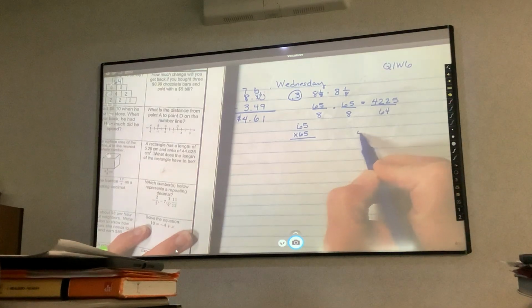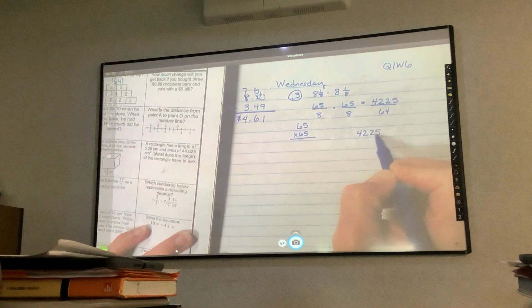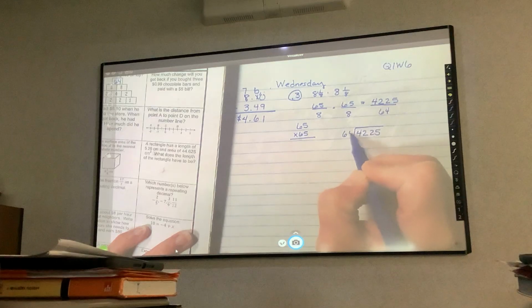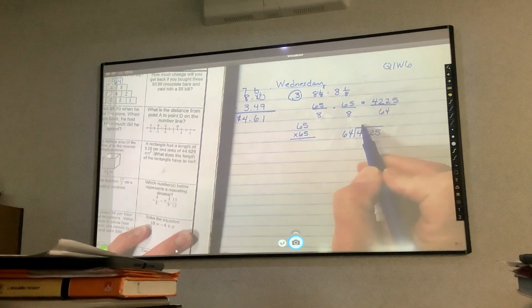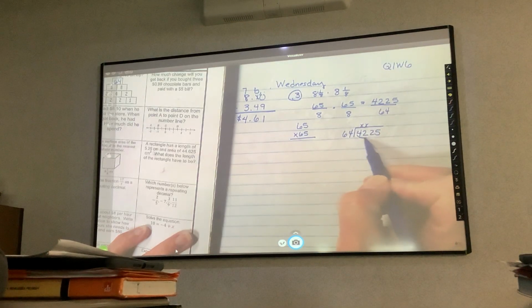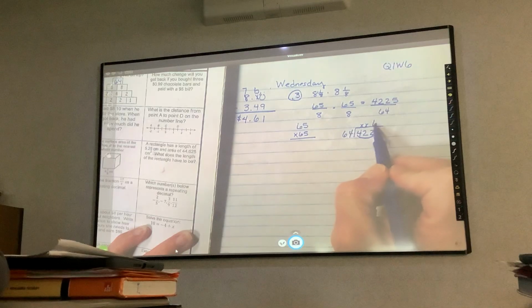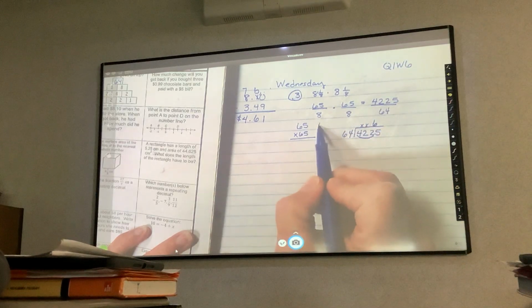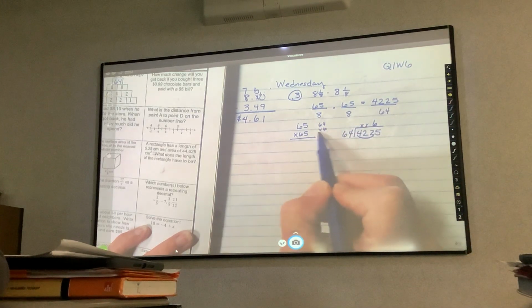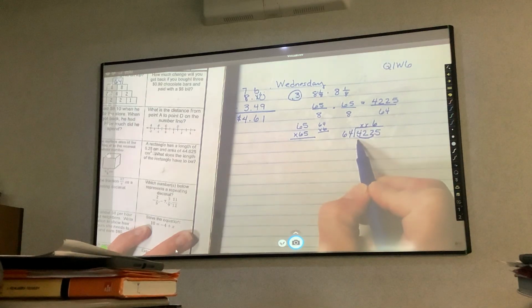So I'm going to take 4,225 divided by 64. It doesn't go into 42. It has to go all the way to 422. I guessed about 6 times. So over to the side I did 64 times 6 to get 4,200.